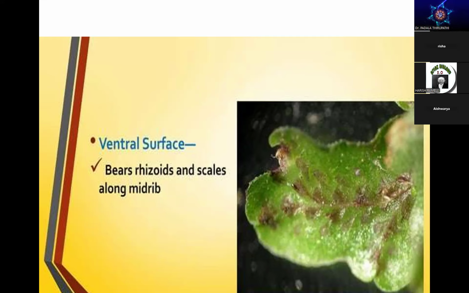Scales are present as well as rhizoids. Rhizoids help in absorption of water, and different types of rhizoids will be there that you'll study in detail. So on the lower surface, you can see the rhizoids as well as the scales in the midrib region.